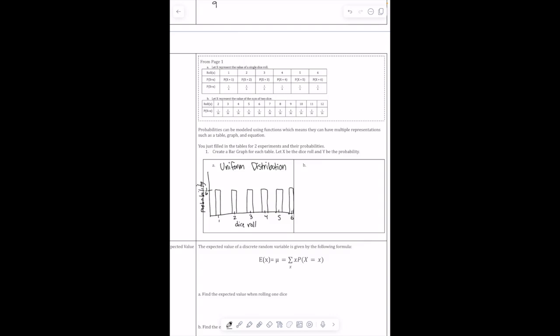Probability B is going to be a little bit more complicated because we have a lot more outcomes and the probabilities of those outcomes are not all the same. So down here, our dice roll, and really it's the sum of our two dice. And then this will be our probability.